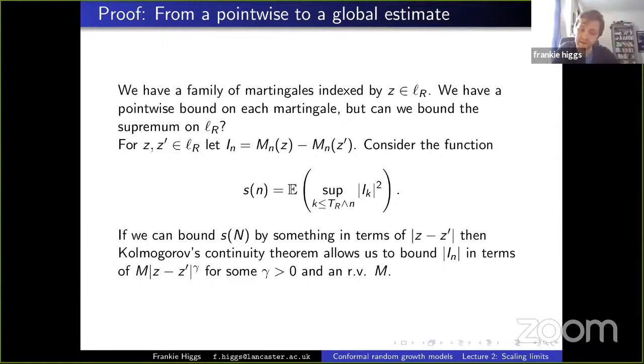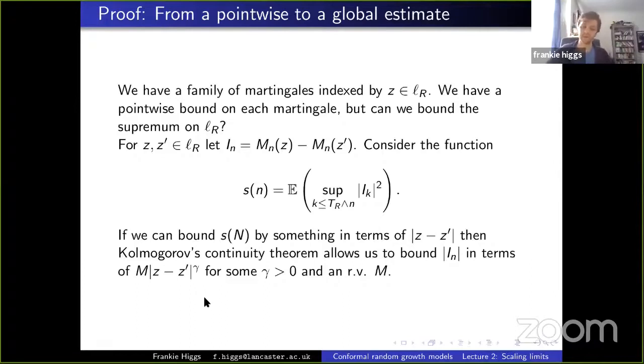It says that if I can show that the second moment, I'm going to specialize it quite a lot here, if I can show that the second moment of my stochastic process is Holder continuous for some exponent, then the process itself, you'll have to do a modification sometimes, but what we have is continuous anyway, so that's fine, then the process itself is also Holder continuous. I'm guessing you'll probably know what Holder continuous means. It means we have a bound of this form, z minus z prime to the gamma.